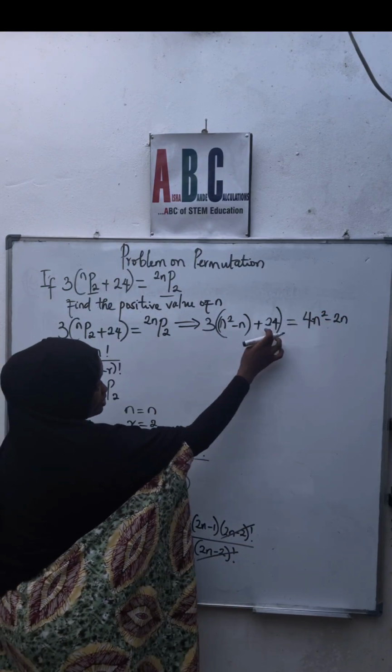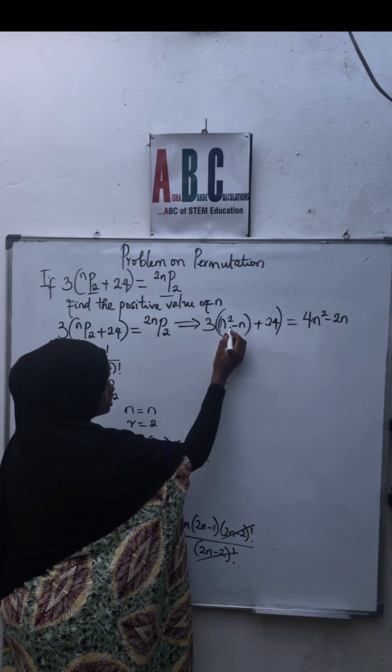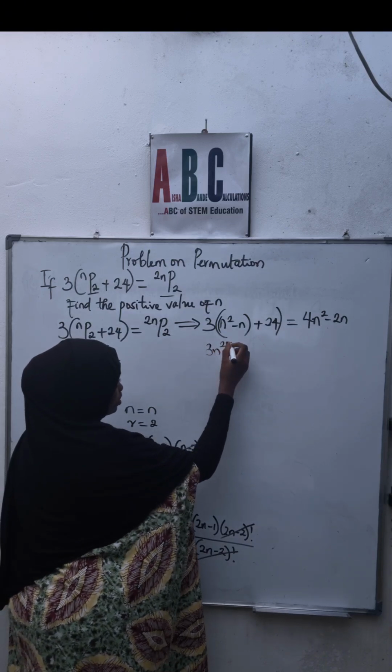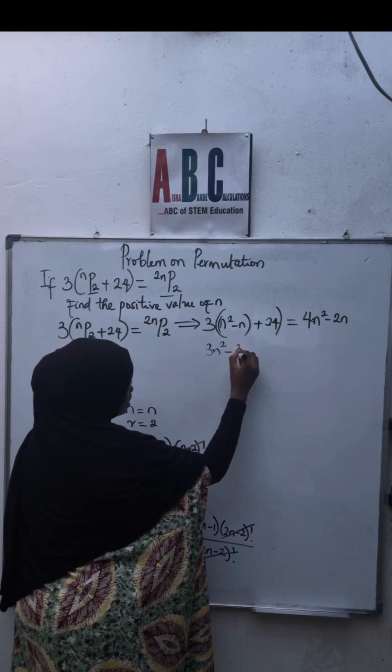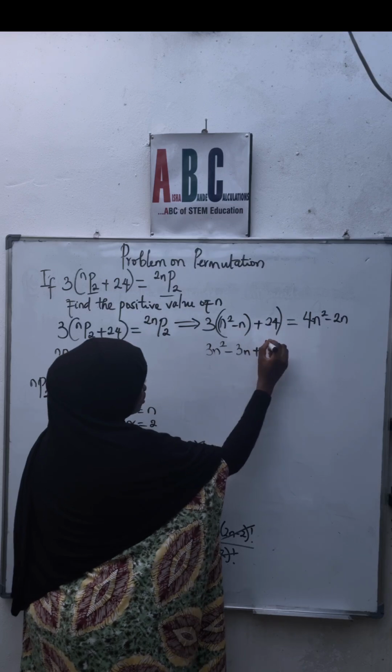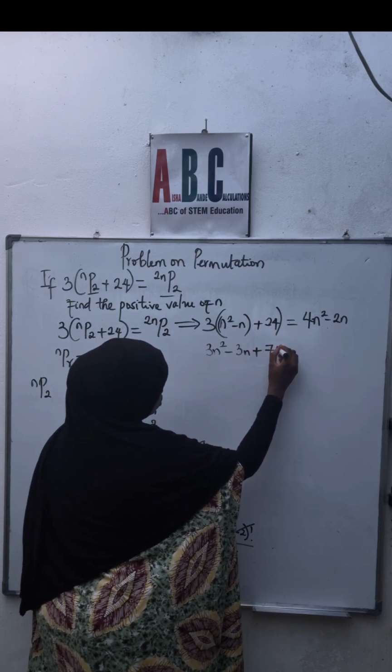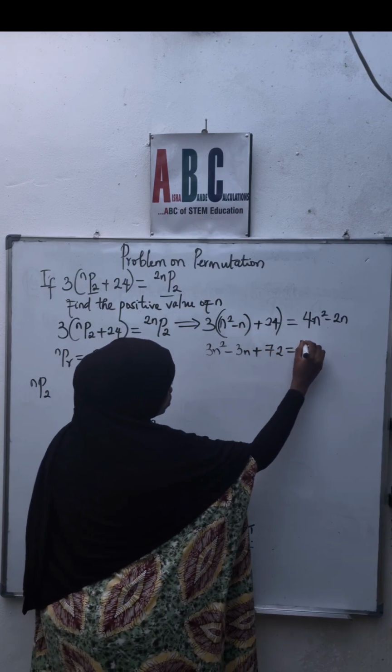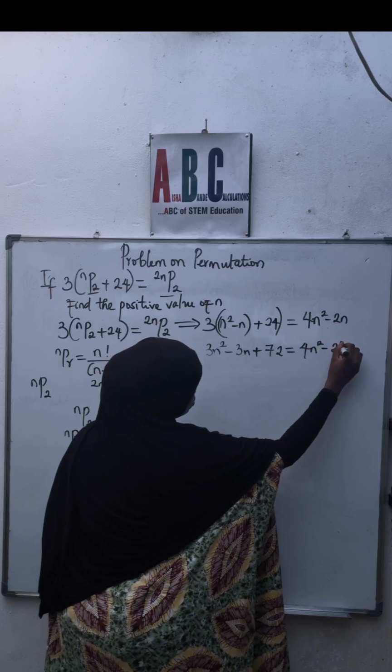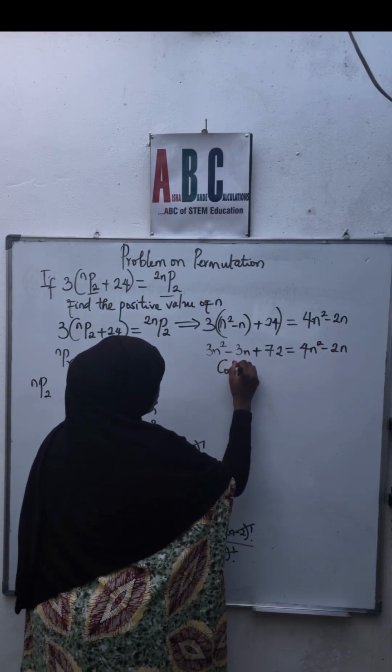This 3 here affects everything we have in the bracket. So 3 times n squared is 3n squared, minus 3 times n is 3n, then plus 3 times 24 gives us 72, equals 4n squared minus 2n. So let's collect like terms.